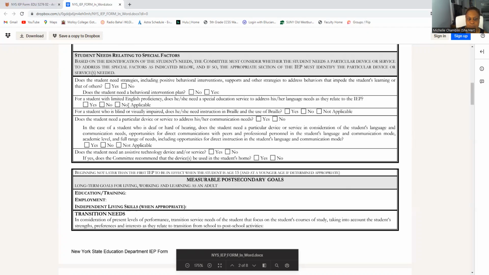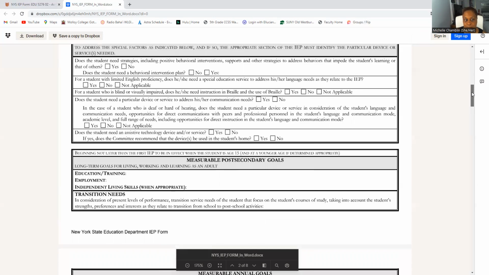For a student with limited English proficiency, does he or she need a special education service to address his or her language needs as they relate to the IEP? If the student has limited English proficiency, we would mark that. If the student does not, it would be not applicable. You can also see an IEP tutorial given by New York State.